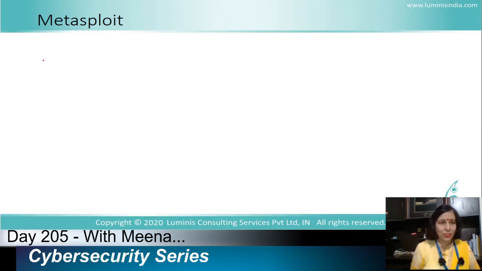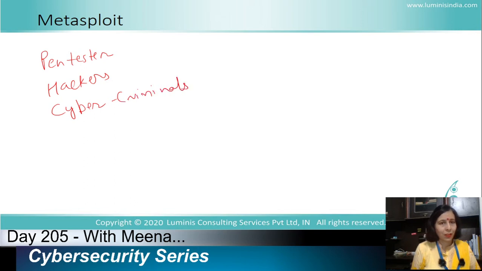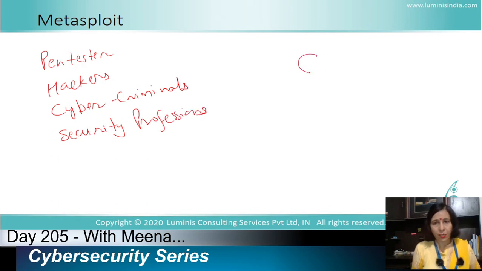Being a penetration tester, or hackers or cyber criminals, we can say, or security professional, clear. For example, we are having a network. For example, this is our router that is connected with the internet.